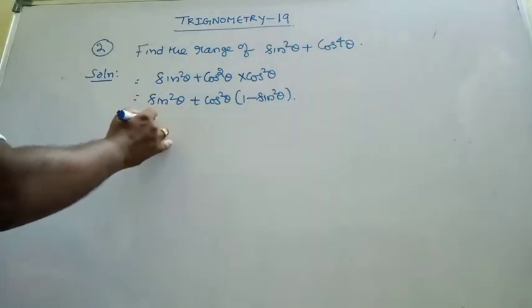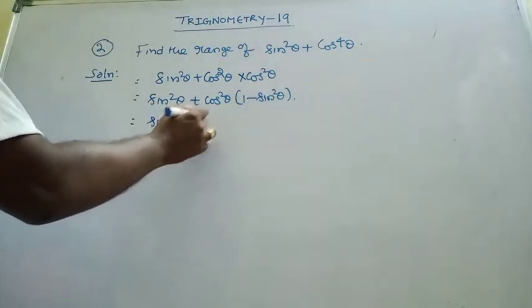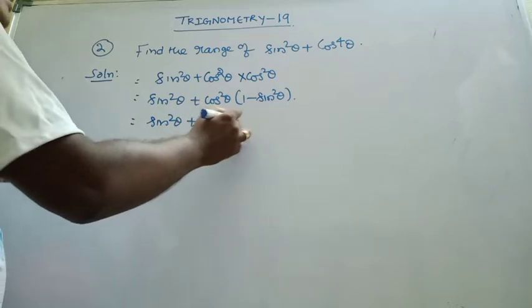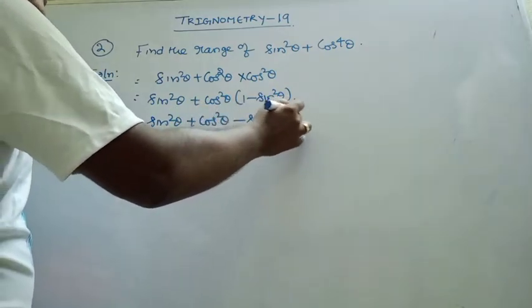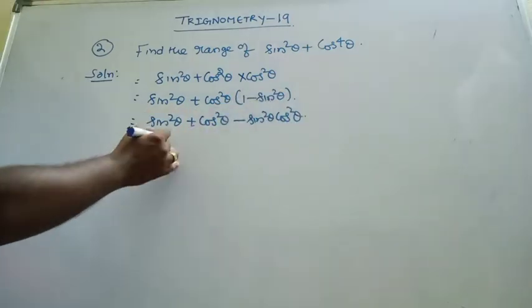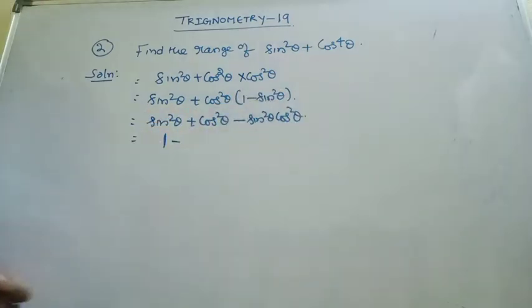Now this becomes sine square theta plus cos square theta minus sine square theta into cos square theta. Sine square theta plus cos square theta is 1, so we have 1 minus sine square theta into cos square theta.